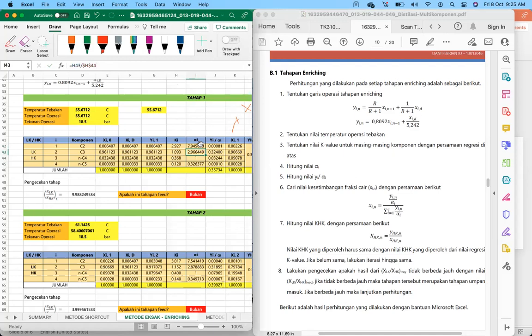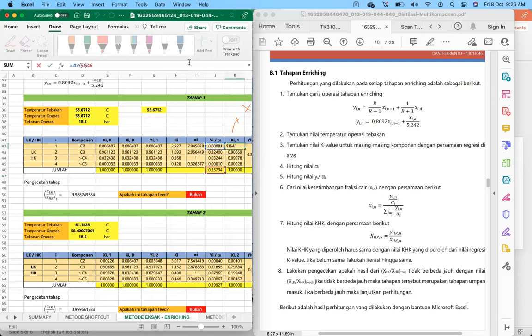So you get alpha i, and then find the x_i in the first stage by calculating y_i divided by alpha. So what they do is find y_i divided by alpha i, take the summation of all of them, and then they put the x_i.